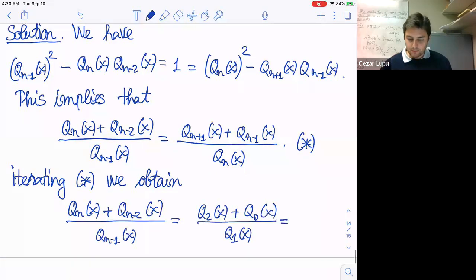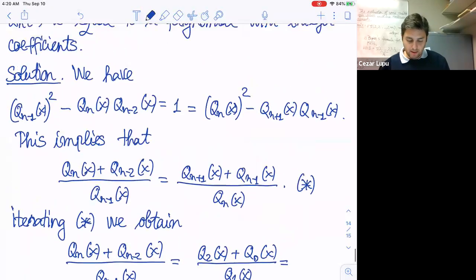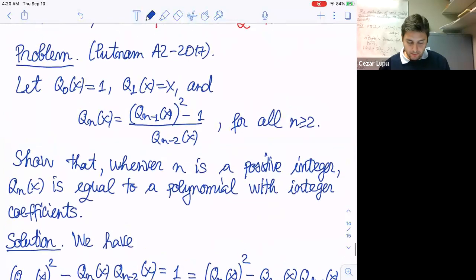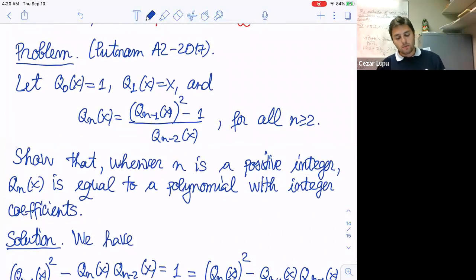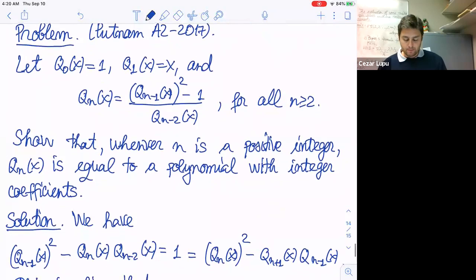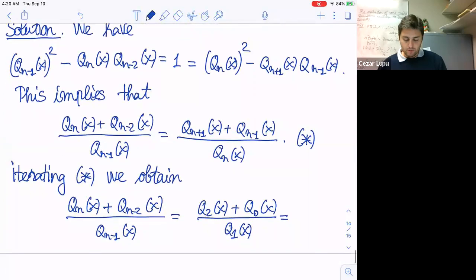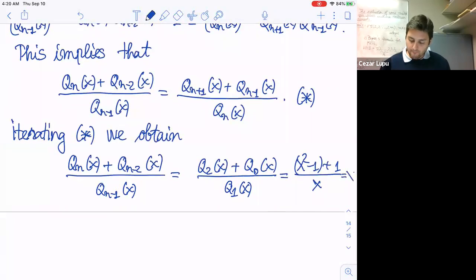And we know this. Q2 is easy to compute. For n equals 2, it's x squared minus 1 over x, so it will be x squared minus 1 plus Q0, which is 1, over Q1, which is x. And this will give you x. Wow, that's great.